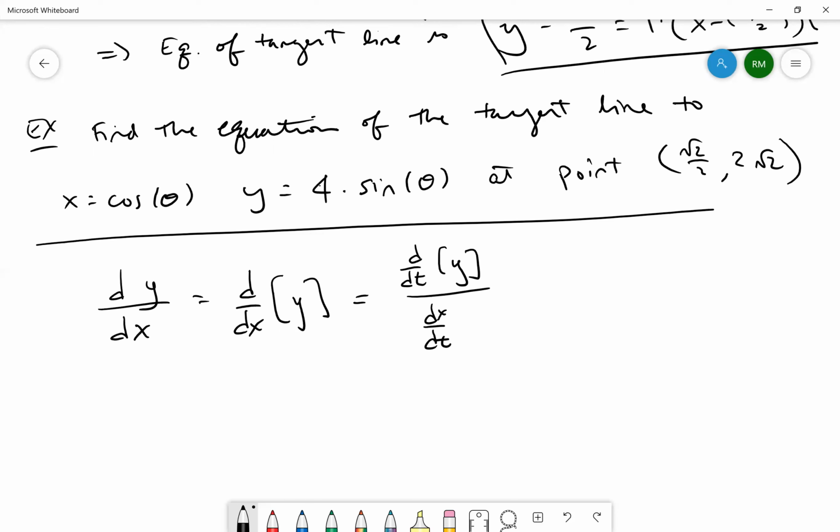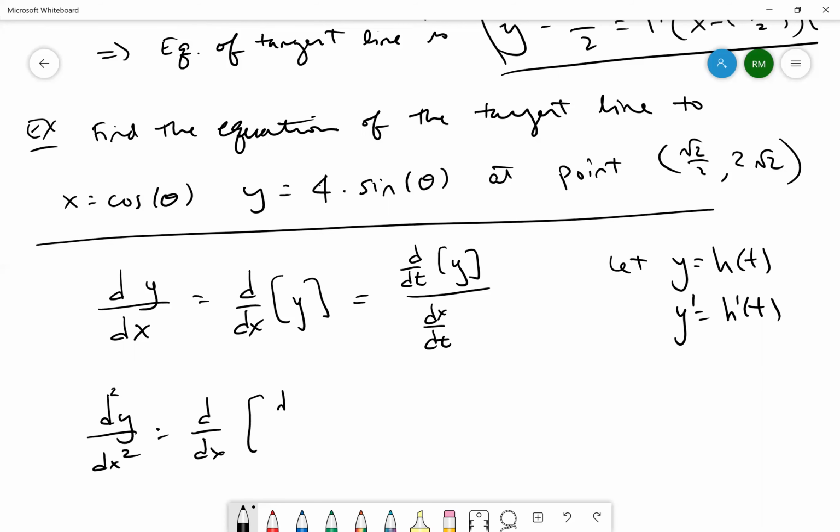So let's let y equal h and y prime equals h prime. What's the derivative? Well, the second derivative of y is just the derivative of the first derivative of y, which is the derivative of h prime of t.